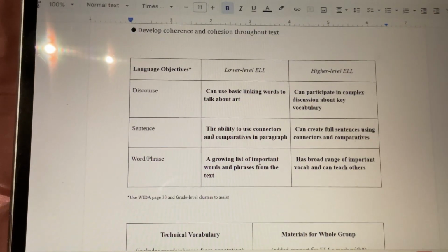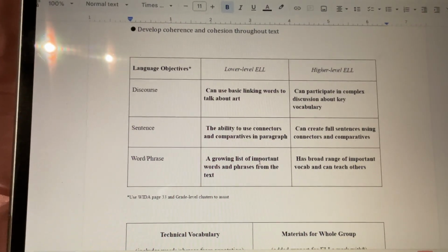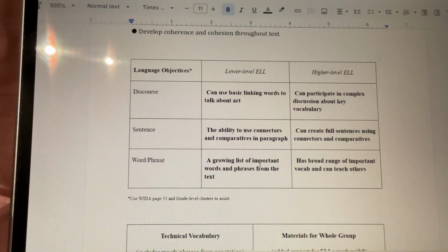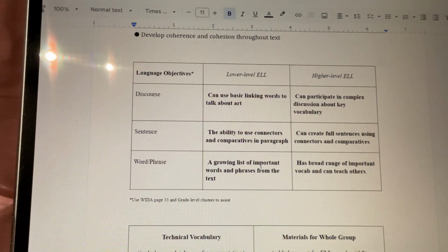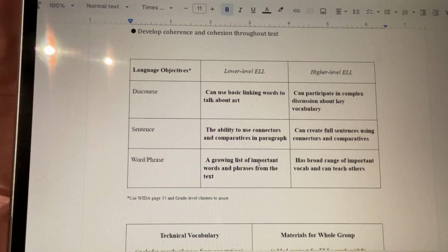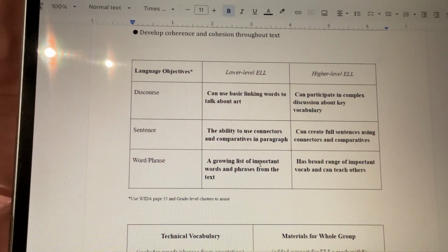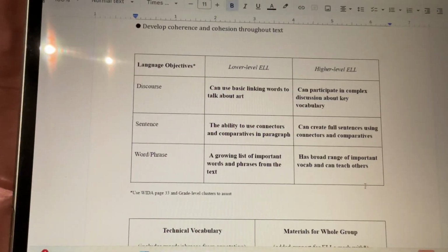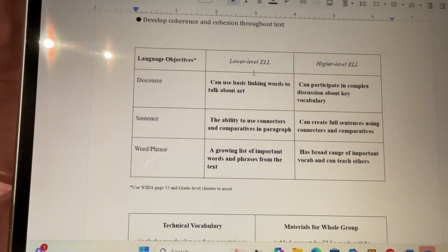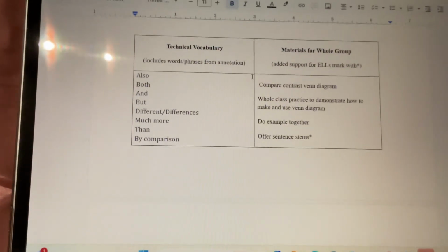And for higher level ELLs, I'd have them participate in complex discussion about key vocabulary. They would be able to create full sentences using connectors and comparatives, and they would have a broad range of important vocab, and they can also teach others. And then others, I would probably have them lean towards helping lower level ELLs.